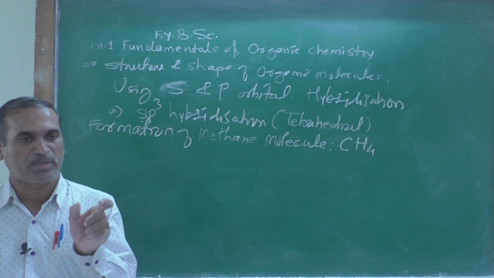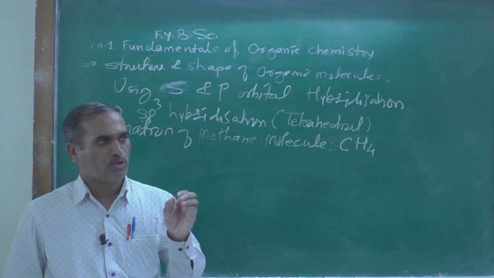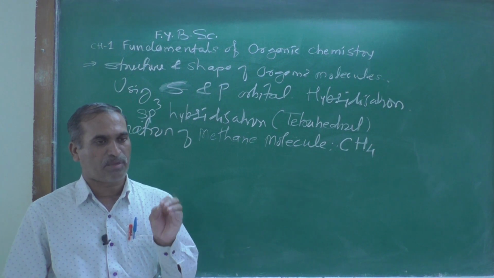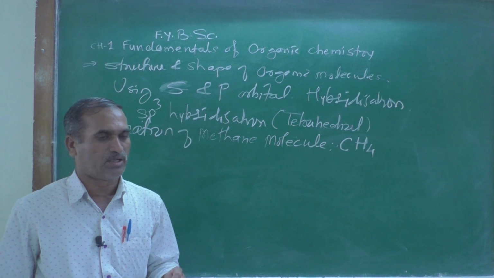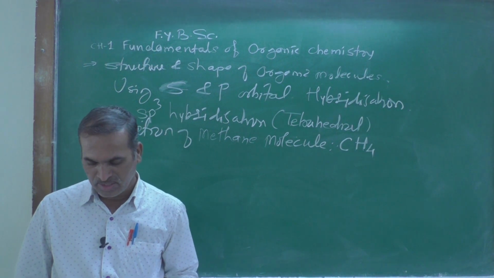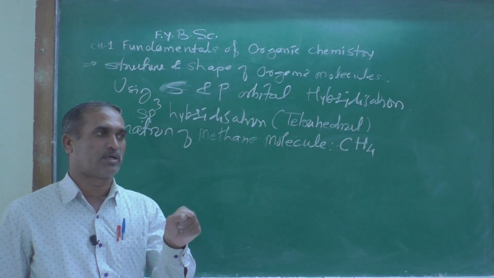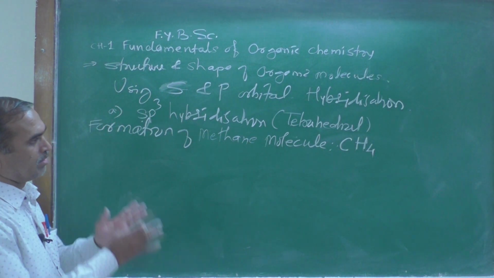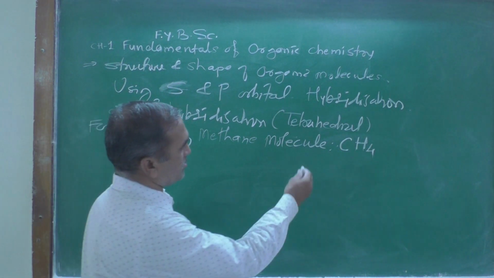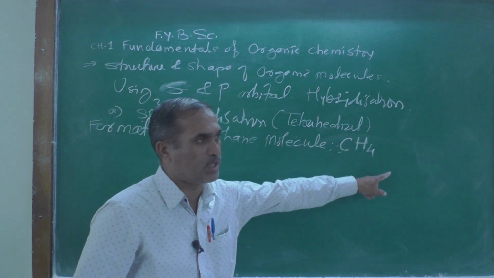The process of mixing and recasting of different atomic orbitals when they overlap to form new atomic orbitals which are equal in energy is known as hybridization, and the new orbitals formed are known as hybrid orbitals. First of all, let us see which is the central atom present in this molecule.